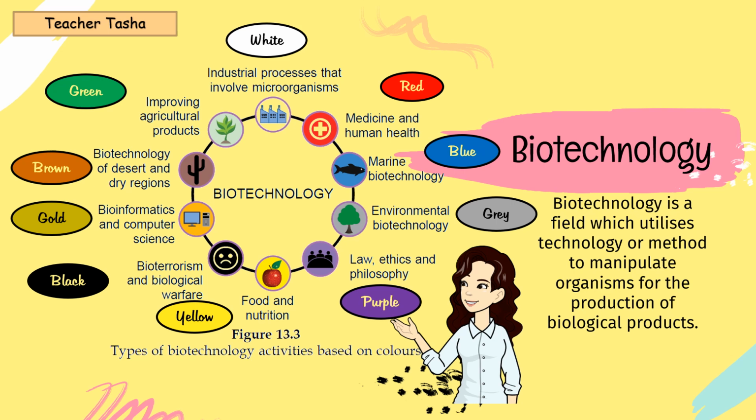Now, the brown biotechnology represents the biotechnology of desert and dry regions. And green biotechnology involves improving agricultural products.